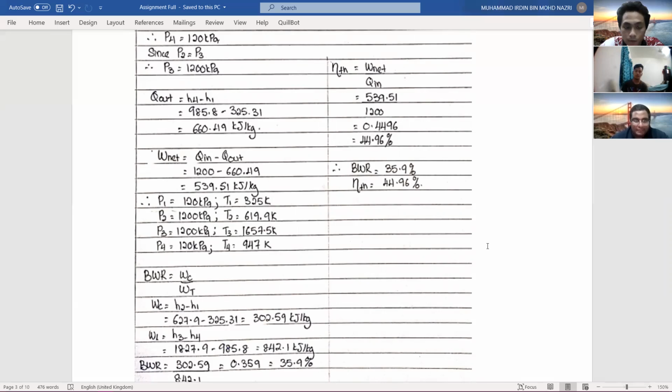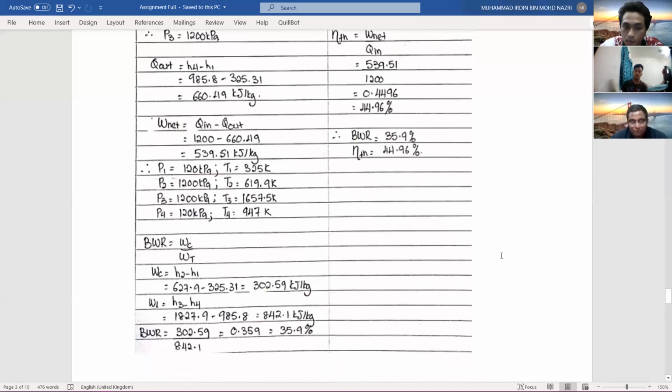After that, the question asks us to find the back work ratio, which uses the compressor work over the turbine work. For the compressor work, we find it as H2 minus H1, where we get 302.59 kilojoule per kg.